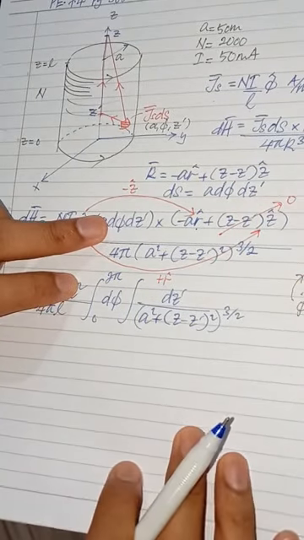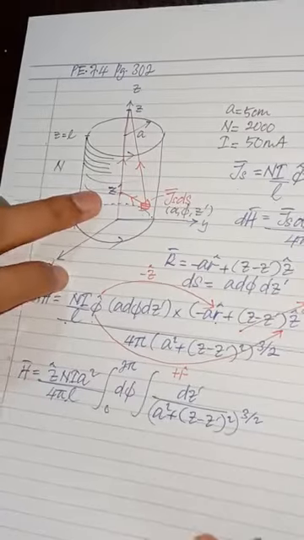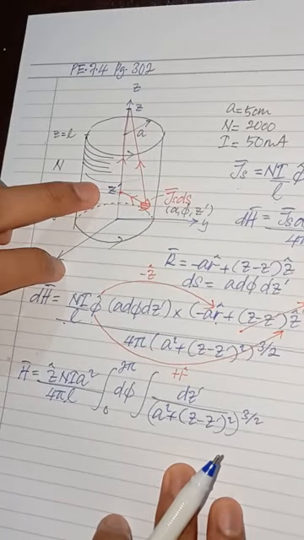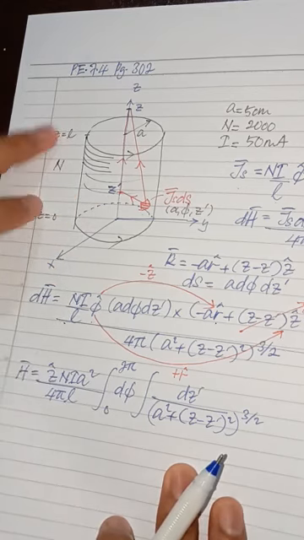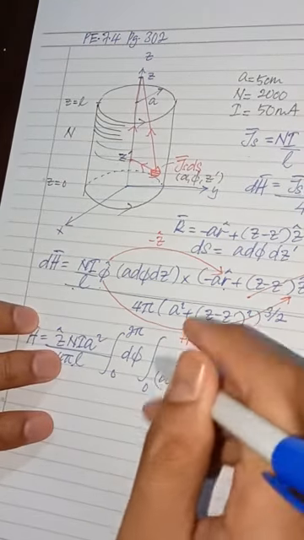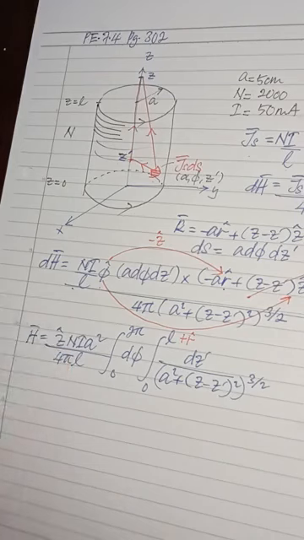And the limit for z prime, if you see from the diagram, the sample element or the current element can vary from 0 to L, right? So you can simply put here from 0 to L. That's the limit for the current element.